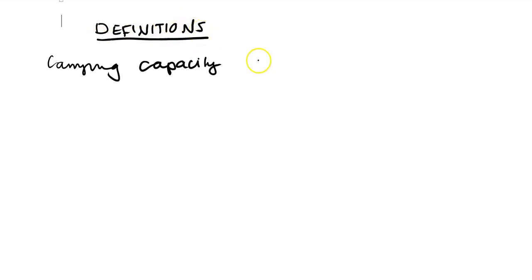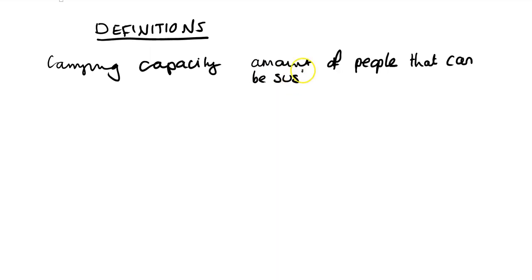So carrying capacity is the amount of people, in this case, because we're talking about human populations, that can be sustained in a given environment. It's a population size.